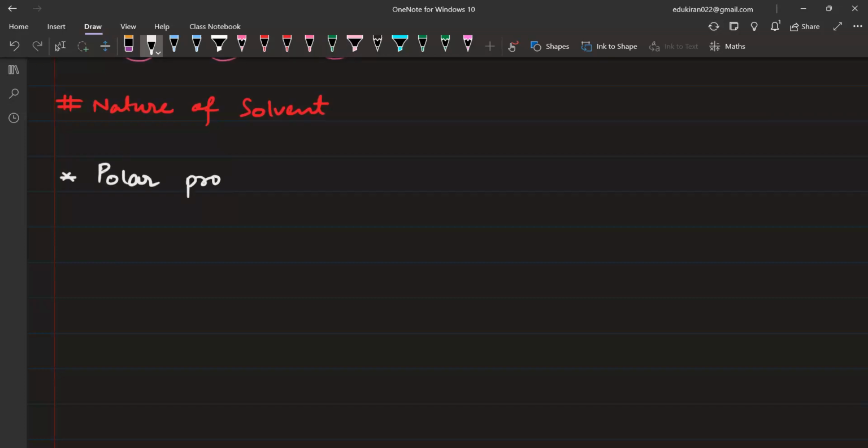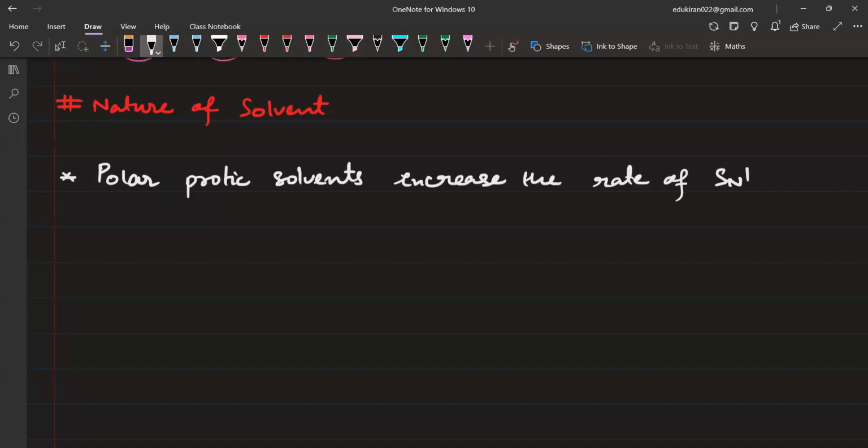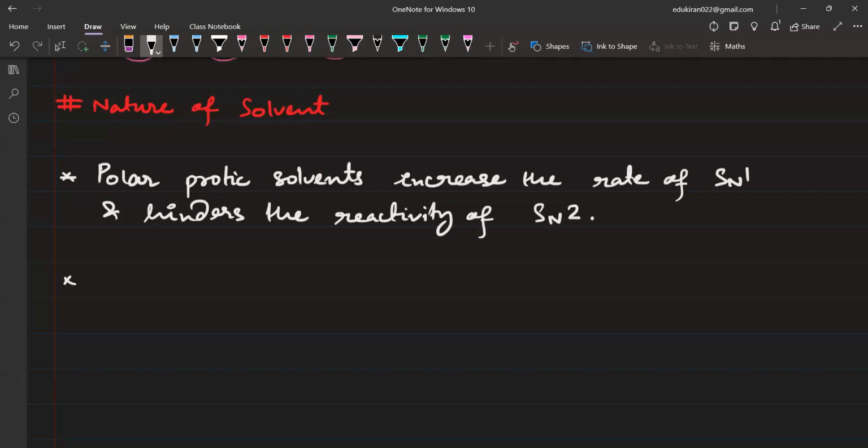Polar protic solvents increase the rate of SN1 and hinder the reactivity of SN2. Next point, polar aprotic solvents are used in SN2.